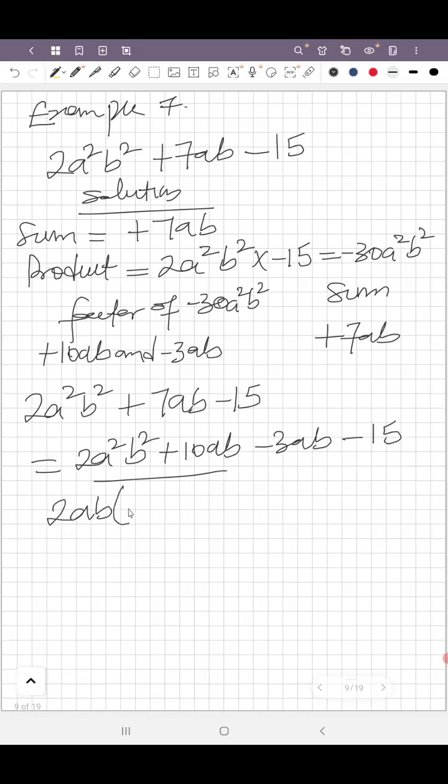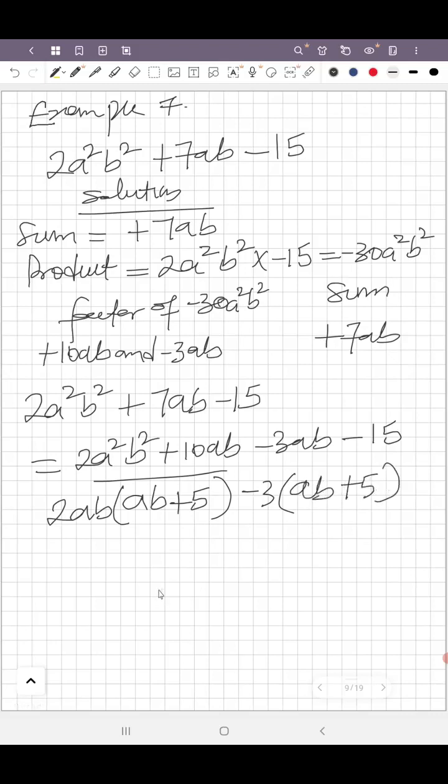It will remain ab plus 5. If you're able to see, from also here, minus 3 is common. Remain ab plus 5.